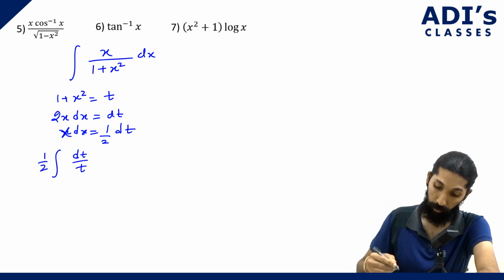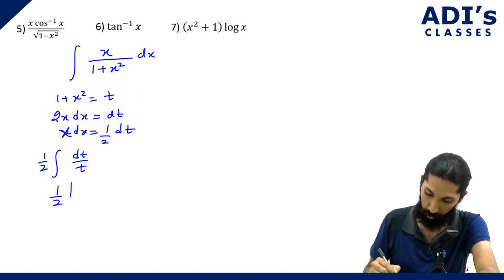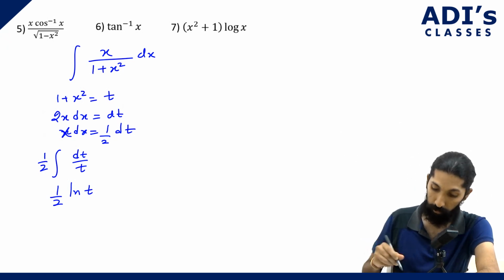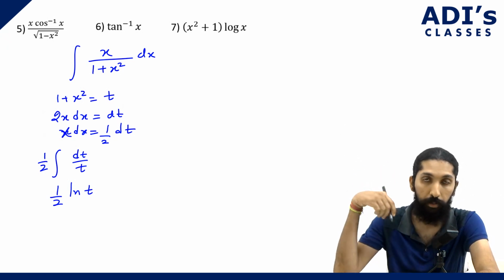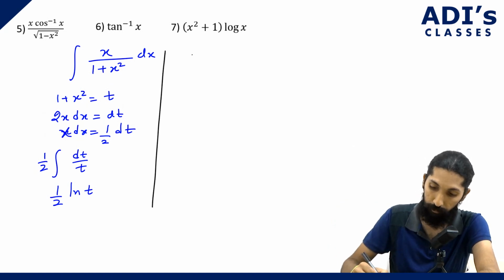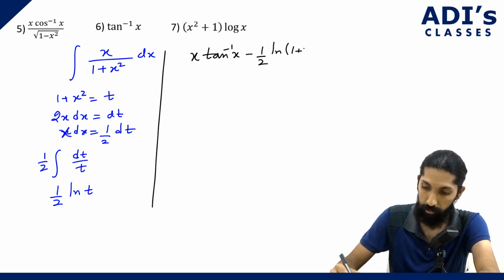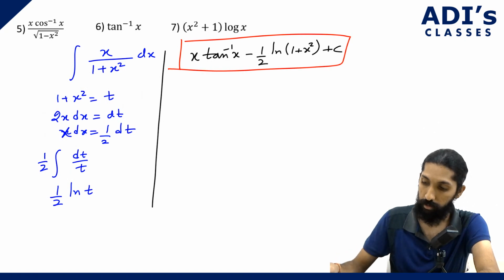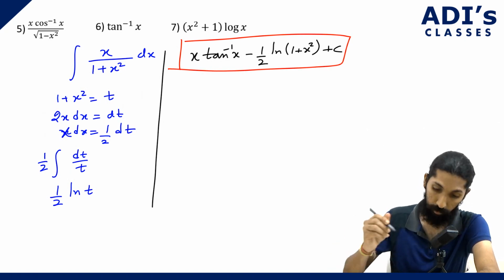So when you have this, half log of t, isn't it? Now this we are going to substitute back, so you're going to have x tan inverse x minus half log of, what is t? 1 plus x square plus c. So this is going to give us the final answer for the sixth question.